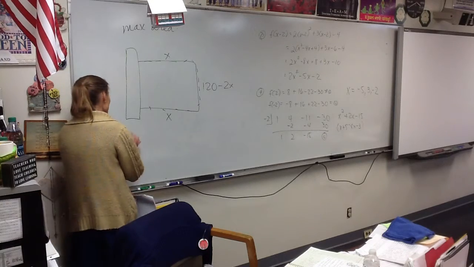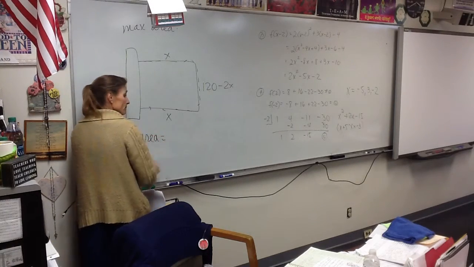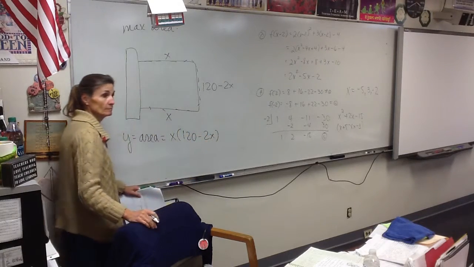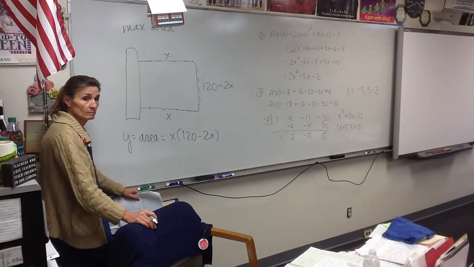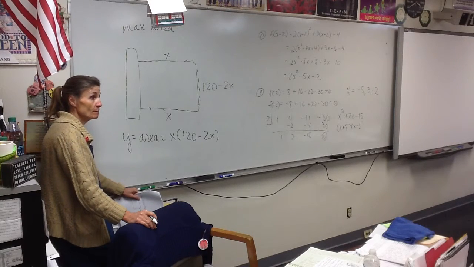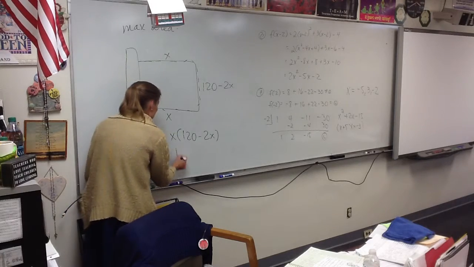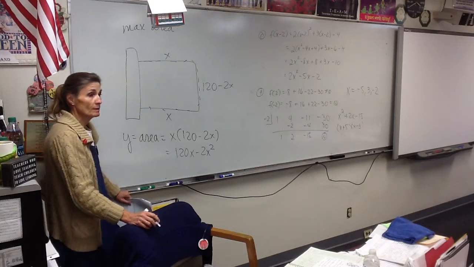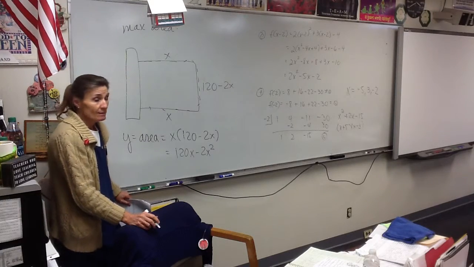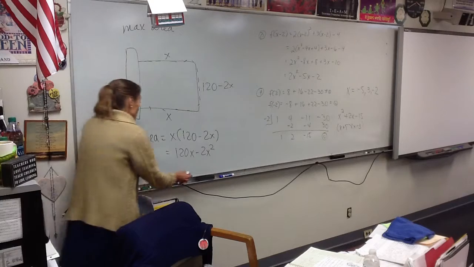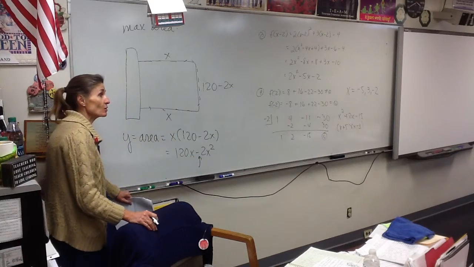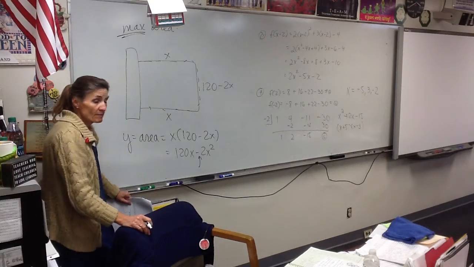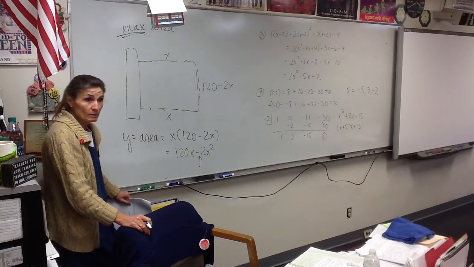So what's my equation for my area going to be then? x times 120 minus 2x? Right? And let's multiply that out, so that'd be 120x minus 2x squared. What kind of equation is that? Parabola opening down, right? Thank goodness, because I want a maximum, and if I didn't have one opening down, I'd be in trouble.